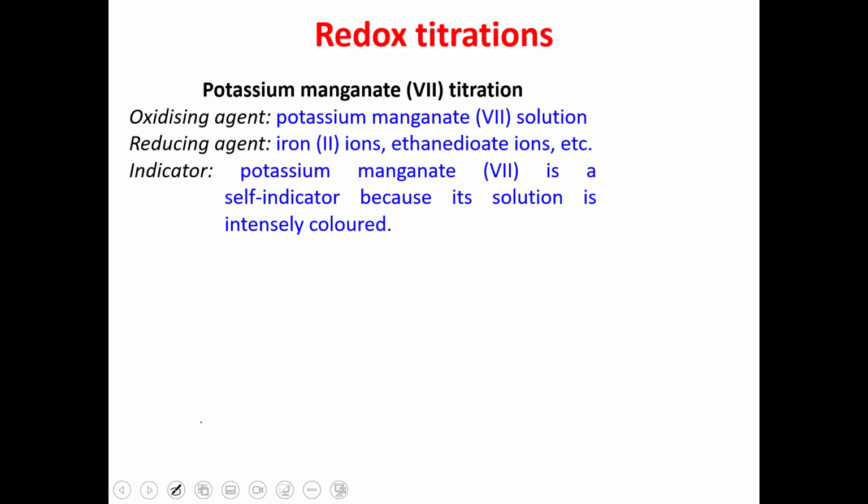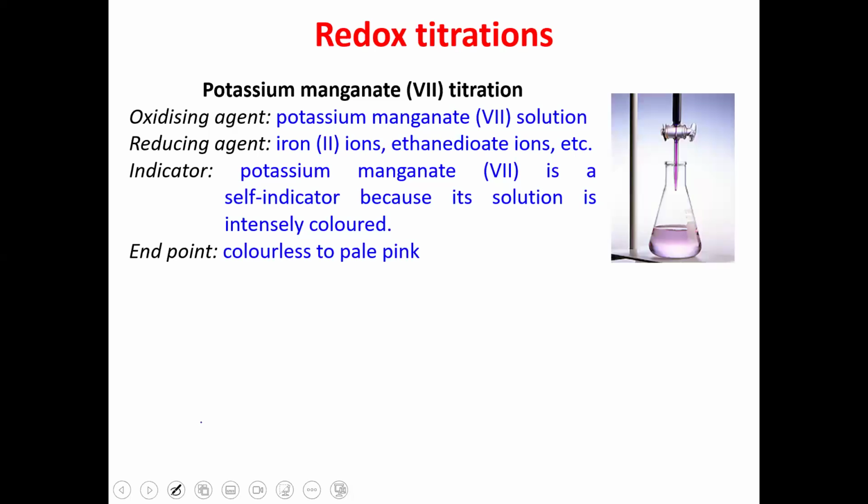Now, who is the indicator? The manganate ion itself is an indicator because it shows a color change when the reaction reaches the endpoint, colorless to pale pink, when it is used in a typical solution of iron.